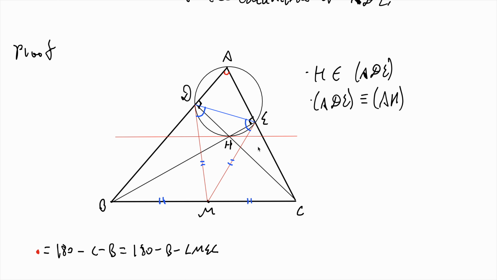And 180 minus MEC minus B. So if AED equals B, then we're done. How do you prove that this and this are equal to each other? So if this angle and this angle are equal to each other, then we're done.